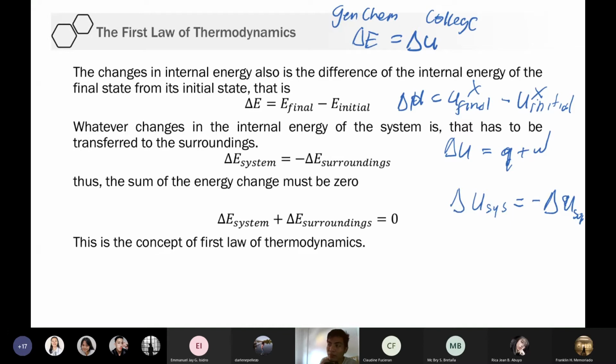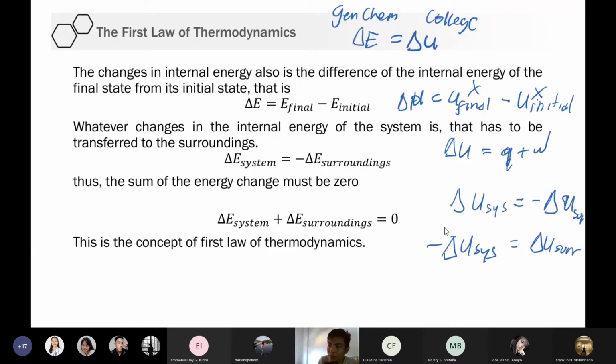So, ibig sabihin nun, yung laman ng aking battery, na-convert ko to energies outside the system. Okay? So, yun lang yung kwento nito. Yung energy ng system mo, nalabas mo sa surroundings mo in the form of heat and work. No? Okay? So, since yung system maglalabas yan ng energy, we can say delta U system, negative yon, delta U surrounding, positive.